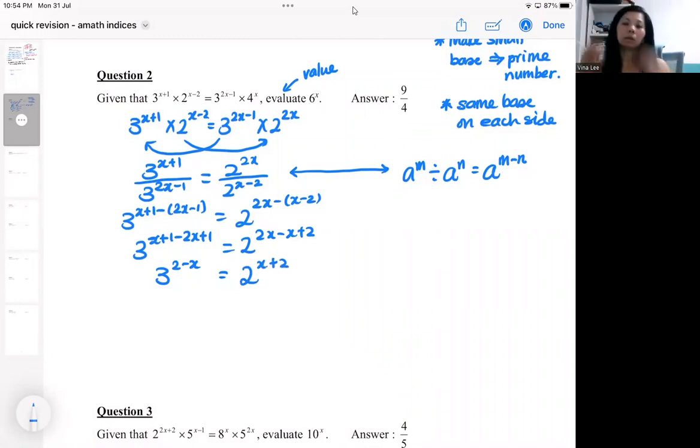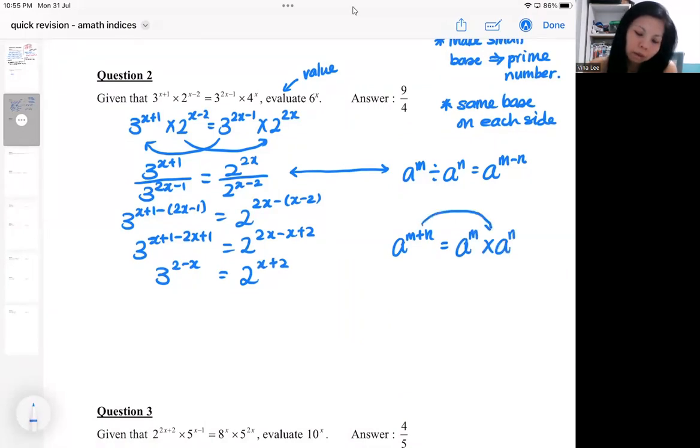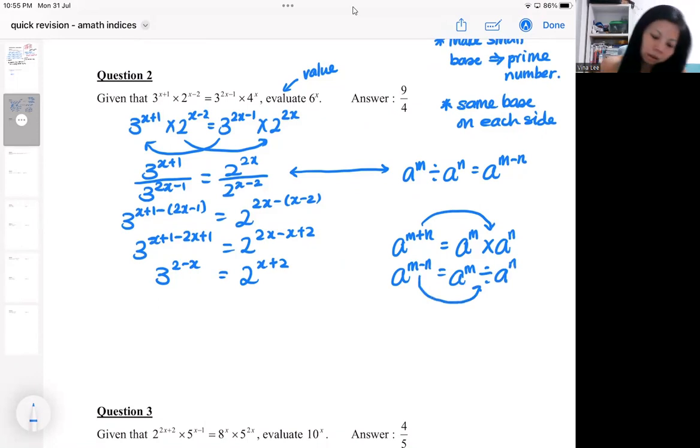So once I put them onto the same family and apply the same base division, now I'm going to do the backwards. When it is a plus, I'm going to break it out into a multiply. When it is a subtraction, I'm going to break it out into a divide. So in this case, it will be a divide on this side, then there will be a multiplication on this side.